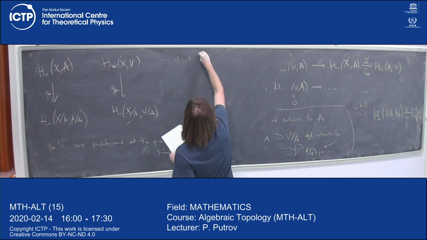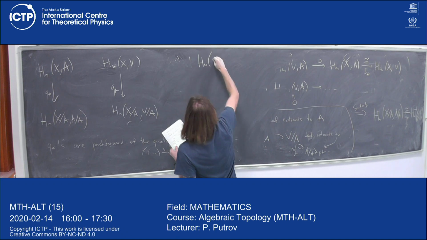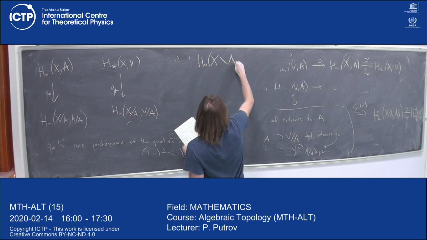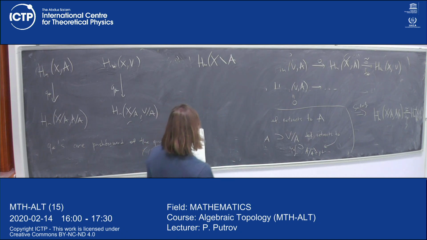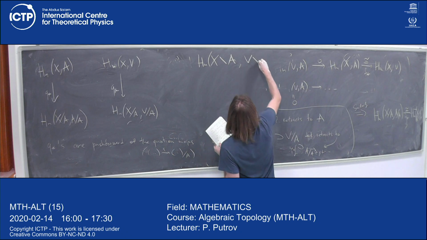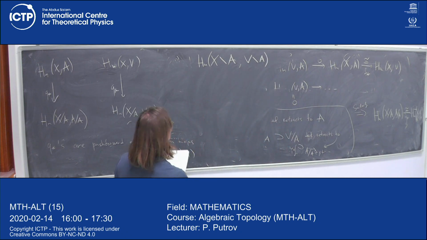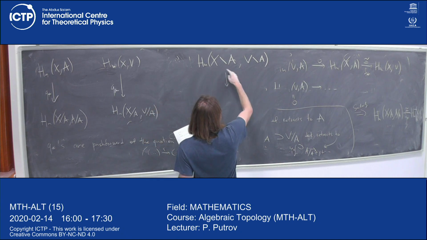So now I consider the following: Hn X. Consider X minus A, the complement of A in X, and the complement of A in B. And I also can consider the quotient of it.